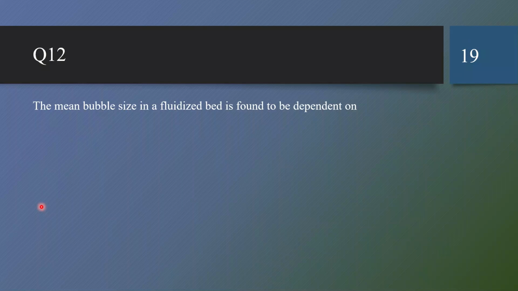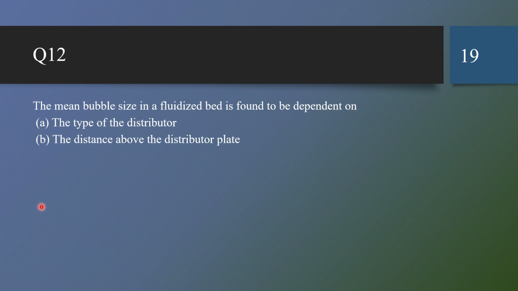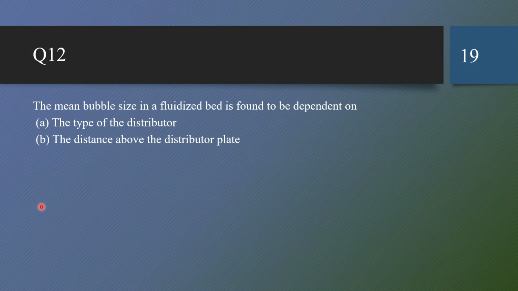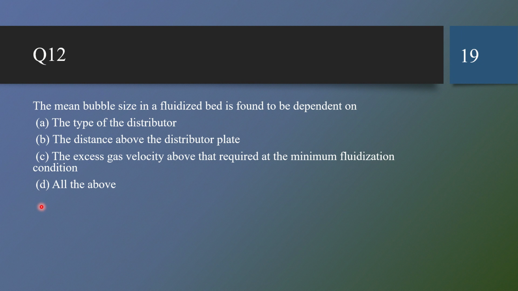And we'll move to question 12. In question 12, it is given that the mean bubble size in a fluidized bed is found to be dependent on type of distributor, distance above the distributor plate, excess gas velocity above that required at the minimum fluidization condition, all the above.